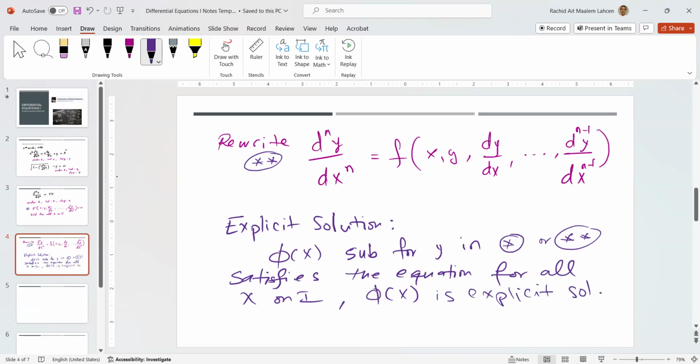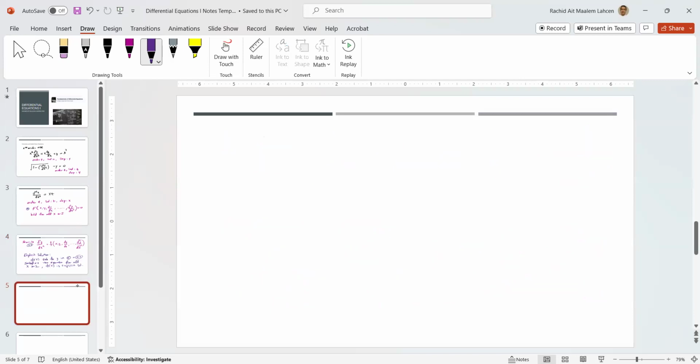Most of the time solutions are written this way. The idea here is simple: instead of y, you put this phi of x, and if it satisfies the equation, then it is an explicit solution. Of course, if derivatives are involved, then you calculate the derivatives.